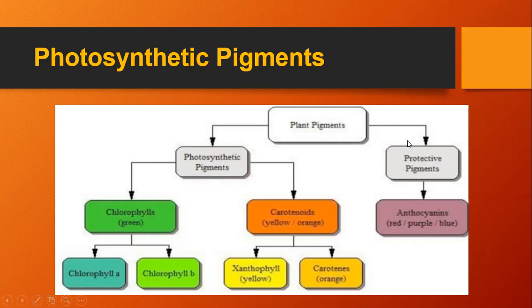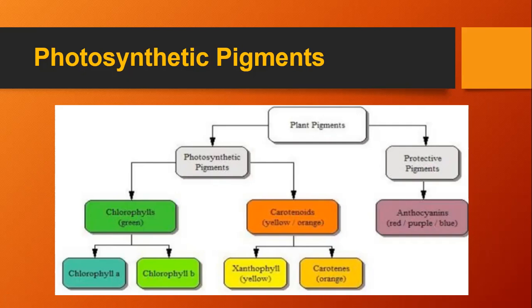Anyhow, leaving that apart, we are going to talk about the photosynthetic pigments. As we discussed earlier, in case of higher plants, photosynthetic pigments form two groups: one is chlorophylls and one is carotenoids. Then we can see that chlorophylls have further two divisions, and in the same way carotenoids have further divisions.